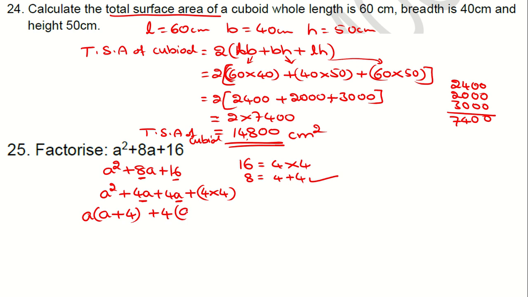Here a is there, plus if you take 4 common, that becomes 1 into 4. So now a plus 4 is in both the terms. We take a plus 4 as common. Then in this term a is there, so you put a, and in this term 4 is there, you put 4. So this completes the factorization.